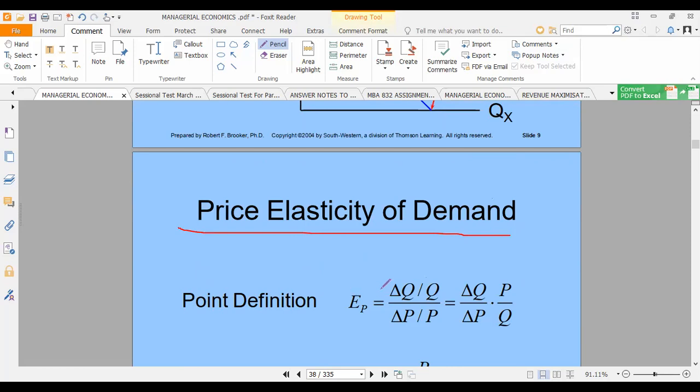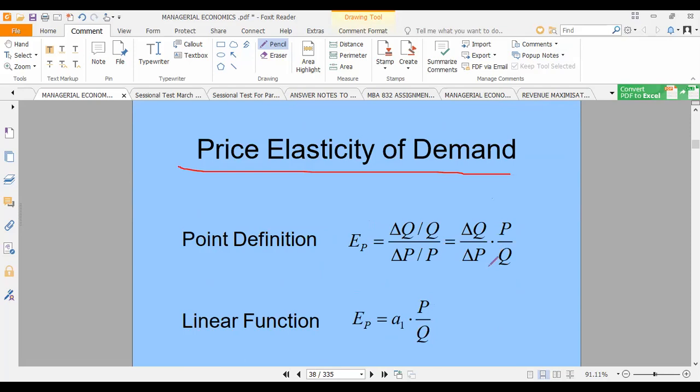We have the point elasticity of demand, which is the change in quantity over quantity divided by the change in price over price, or the change in quantity over the change in price times price over quantity. This is what we call our point elasticity of demand.